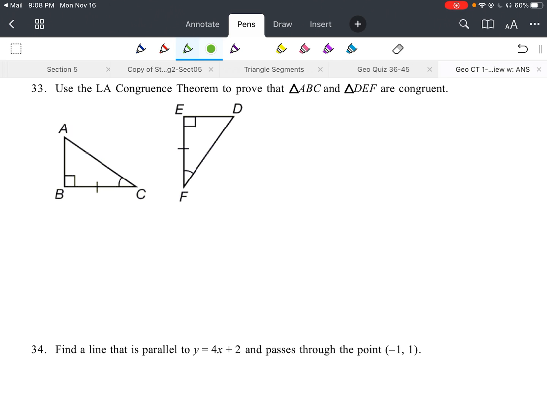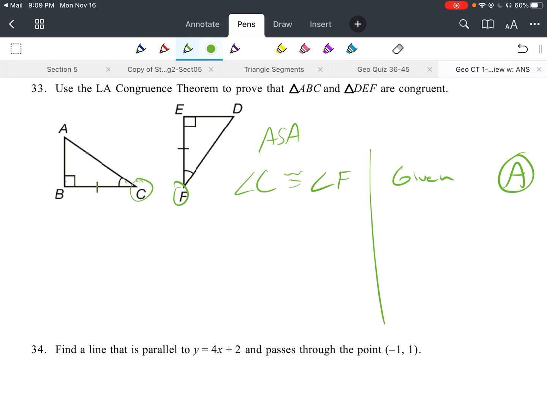Use the LA congruence theorem. Now, leg angle is also known as leg angle. This is angle side angle, so you can just use ASA, that's equivalent. And just show each of those. Well, that's given. So angle C is congruent to angle F. You just say given, and that's your angle.